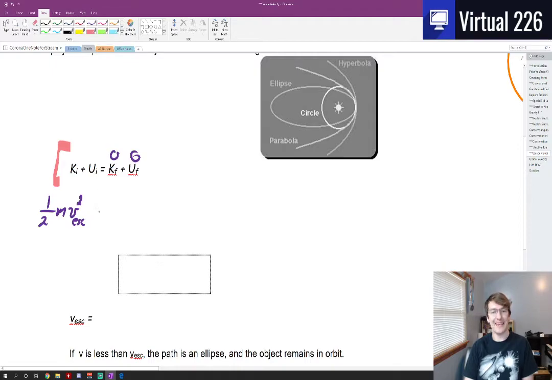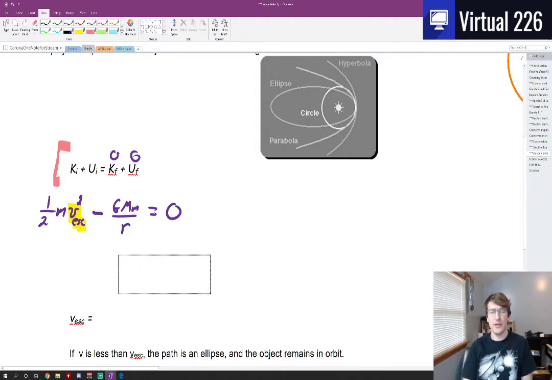While we are adding it, the potential energy is thought of as a negative quantity, so we're subtracting it, and the potential energy due to gravity is GMm over r. This equals 0 plus 0, which is 0. So all we have to do now is solve for this escape velocity, and we're done.